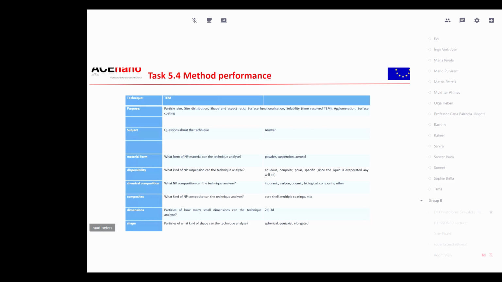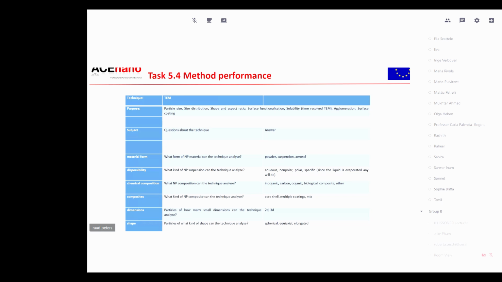It can also handle all kinds of suspensions, since the liquid is evaporated anyway, and it can handle all types of chemical compositions, although this is a little bit less for the organic and biological materials, which can be a problem since they may be sensitive to vacuum or electron radiation, but that will come on later in the sheet also. The sheet also shows it can handle most shapes, with the exception of materials that are flat, which are difficult to visualize with EM.